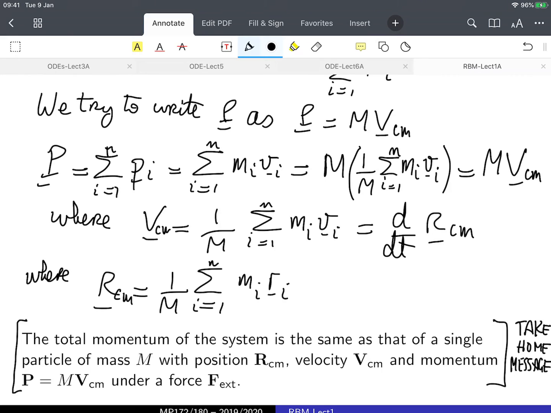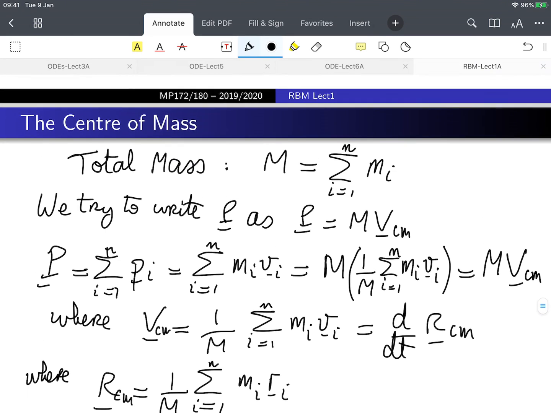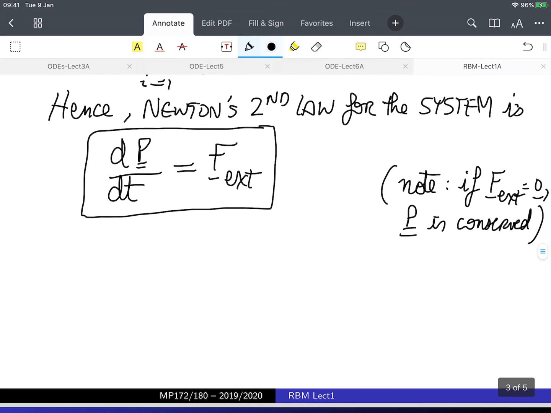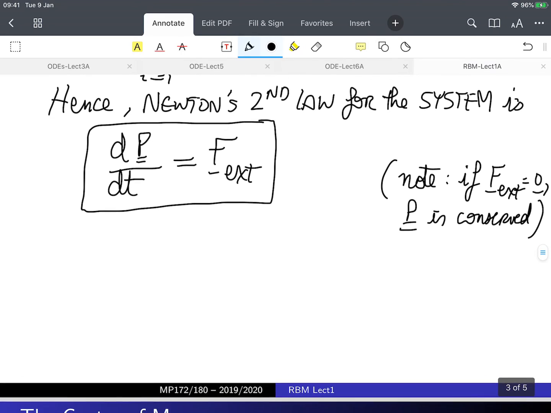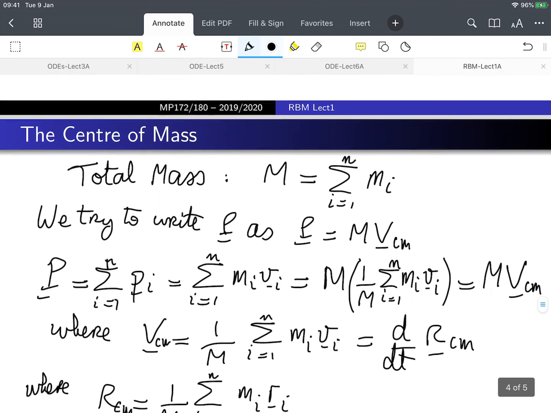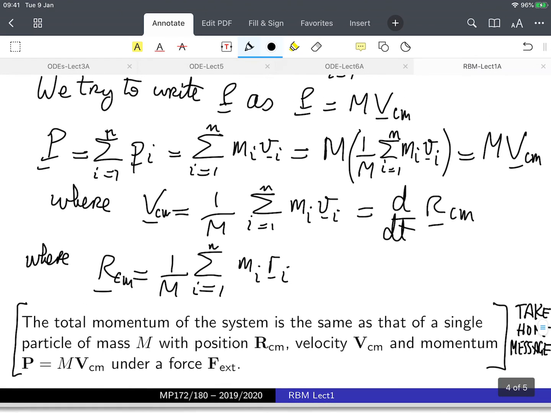Everything, all 1,000, 10,000, 1 million, 1 billion particles, doesn't matter how they interact with one another. In the end, I end up with Newton's law as I've seen it before: dp/dt is the total external force, where p is the momentum of a fictional particle, but I know where it is, and I know its mass, so I know its momentum.